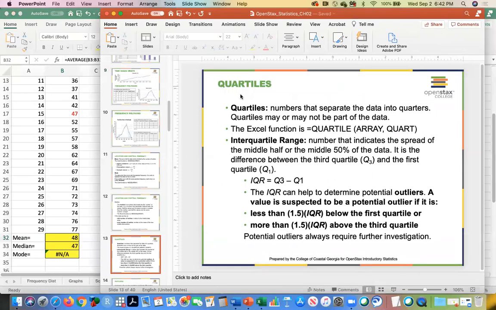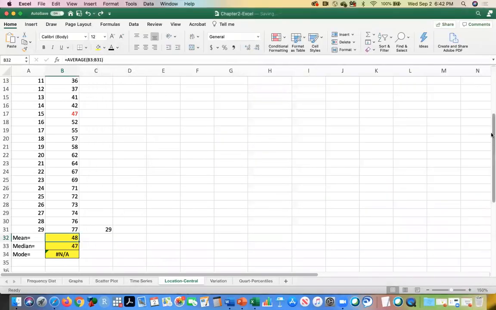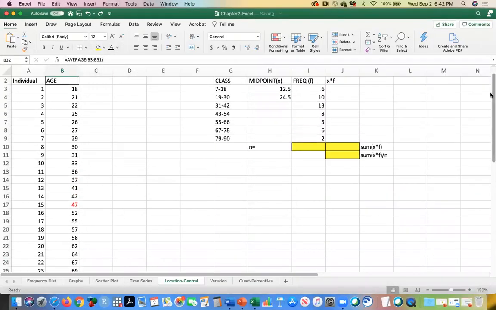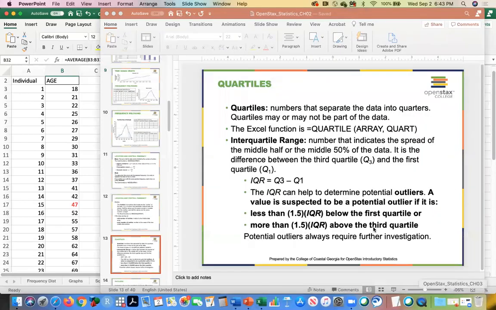Also, as we saw here, we can separate the data into two parts. But the question is, why not separate the data into four parts? I'm going to cut my data in halves, and then cut each half in half, so I create four different quarters. So we can use the quartile approach.